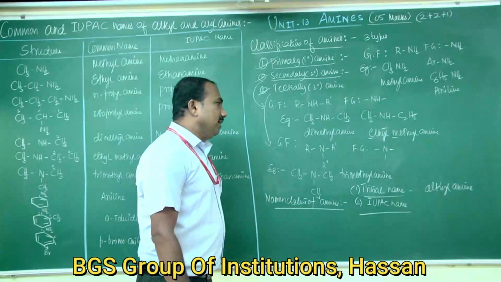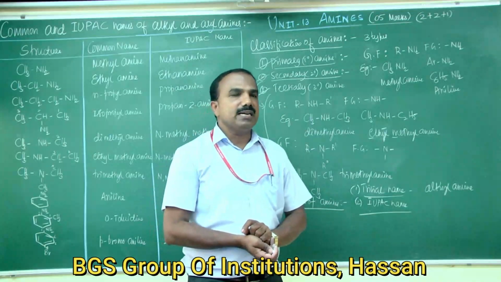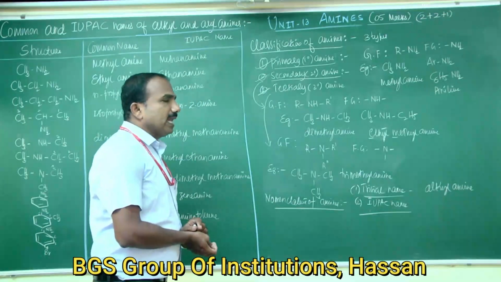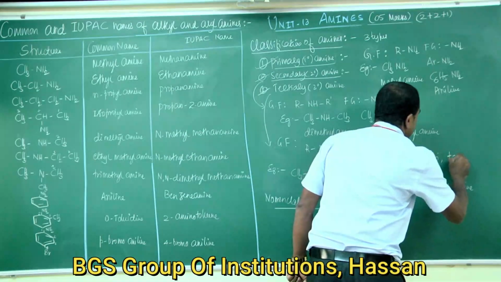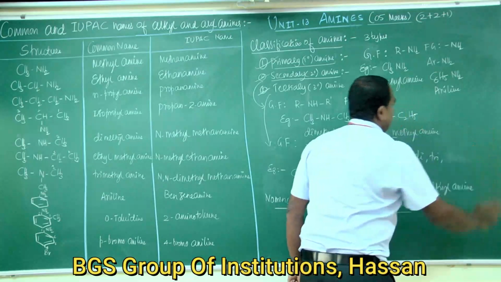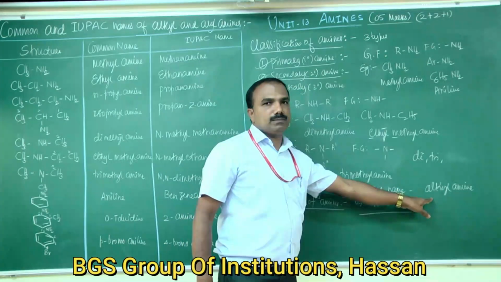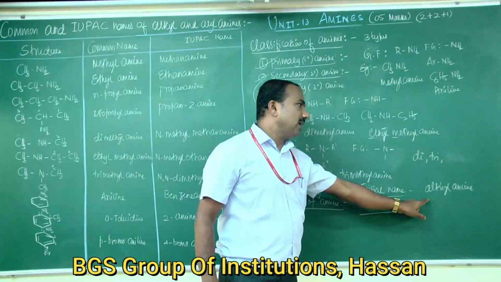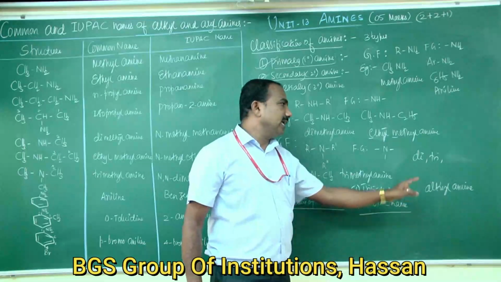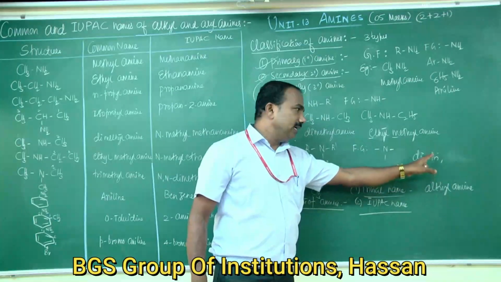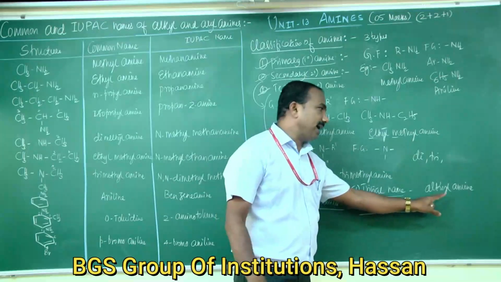If secondary and tertiary amines are present, then prefixes like di, tri, etc. are written first before the alkyl groups, followed by amine.